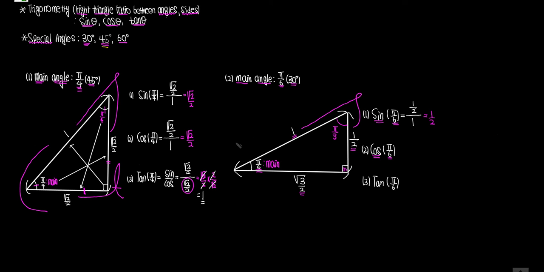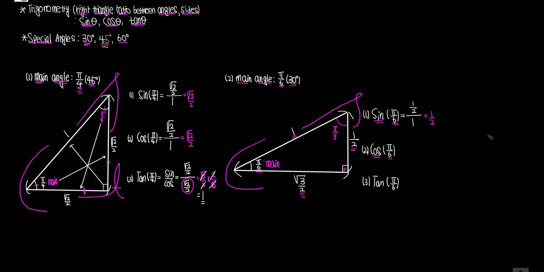Secondly, let's think about how we can define the cosine of pi over 6. And again, just like we did where the main angle was pi over 4 radian, as we draw C, that always starts off the hypotenuse, that will be the value in the fraction denominator, and finish at the value at the pi over 6 adjacent side, square root of 3 over 2.